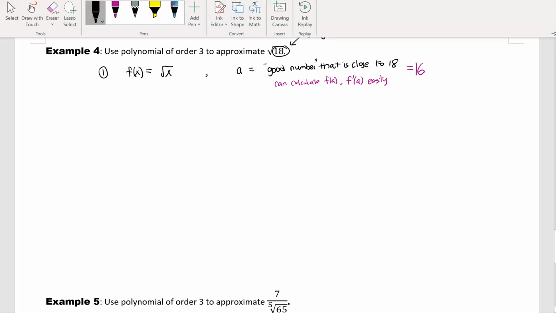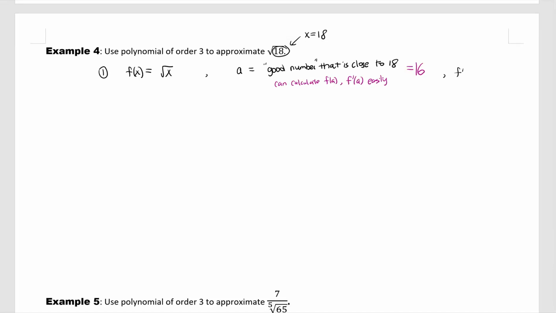So f of a is square root of 16, which is 4. Okay, so we take the polynomial of order three. Second step, we keep taking the derivative. The square root of x is x to the 1/2. When we take the derivative, 1/2 stays and we have x to the minus 1/2.